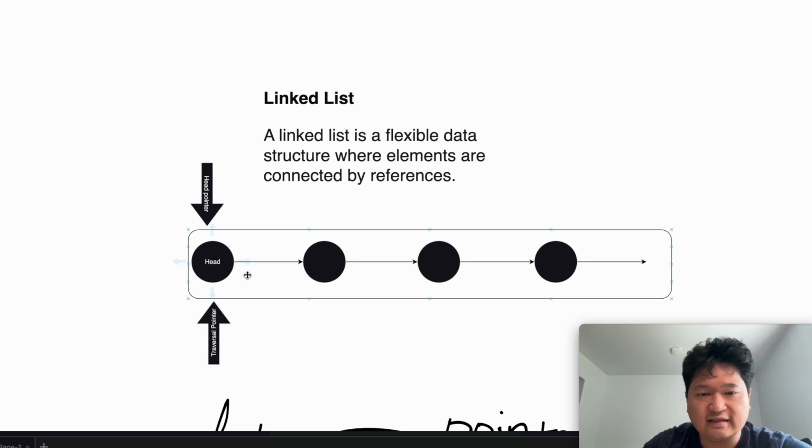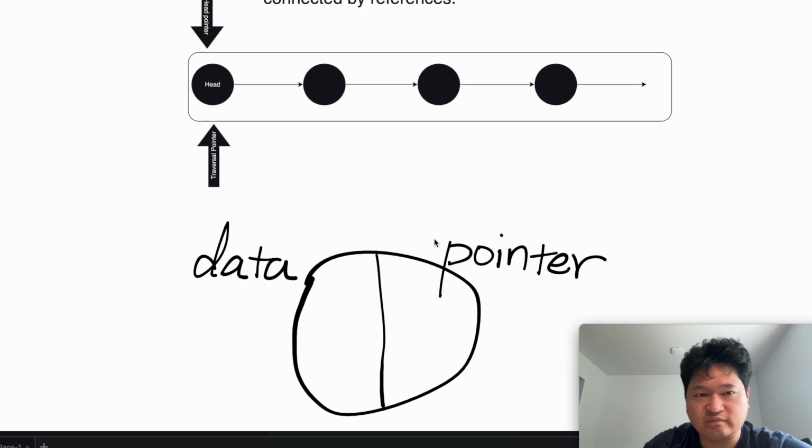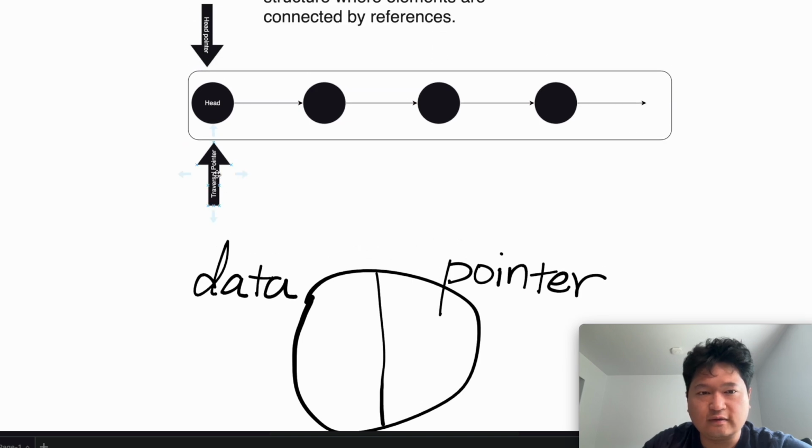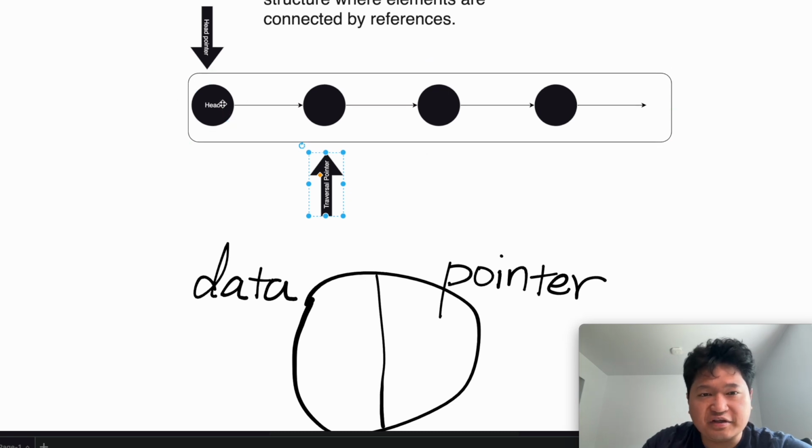And so from the head, because we'll remember each node has data and a pointer, we'll use the pointer from the head to get access to the second node. Now, once we've dereferenced the pointer from the head node, we have access to the second node.